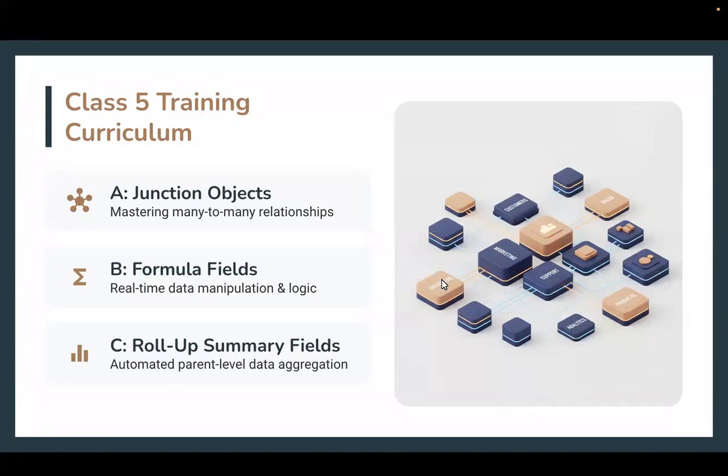Formula fields are minimal or no code fields, where we write some logic, or a small code snippet, and the field works according to that logic. Then we will understand roll up summary fields. This is like a formula field, but it is applicable on a master detail relationship. We will see what roll up summary fields are and how we can create them.